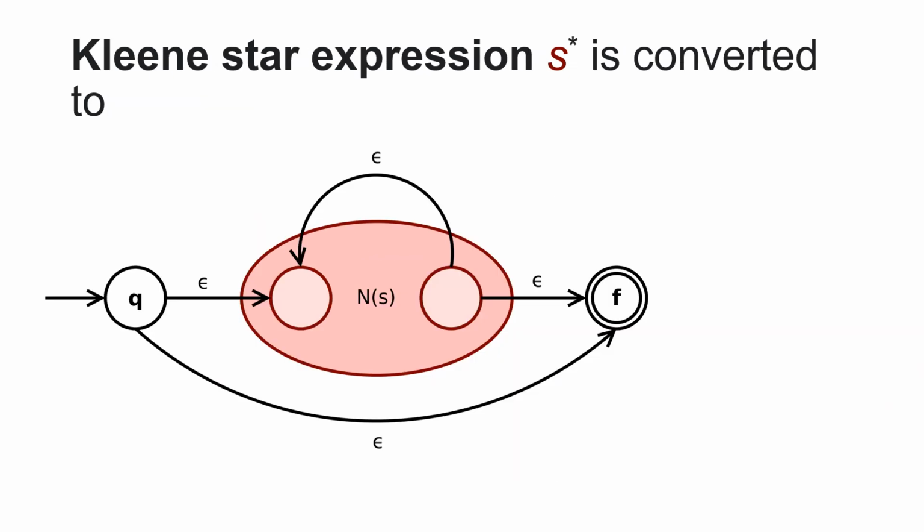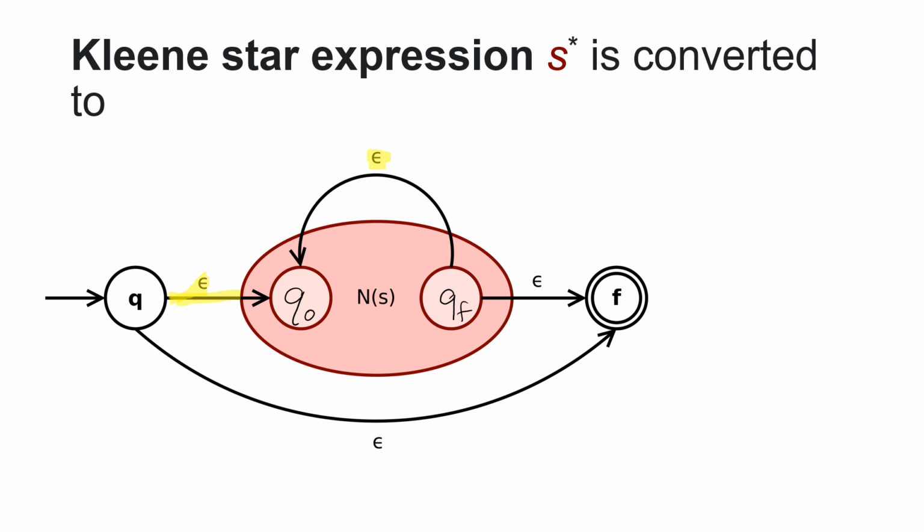Then finally, we have the Kleene star expression, which is S star, any number of repetitions of S. So you'll notice here that we have epsilon transitions because I can have 0 repetitions. So I can go epsilon and then whatever happens inside N of S, from the final state of N of S, it'll take an epsilon transition back to the beginning.